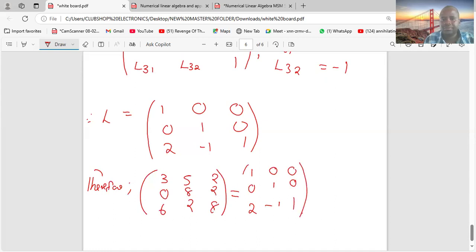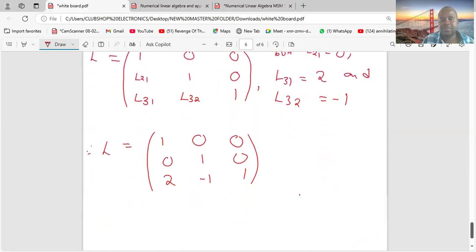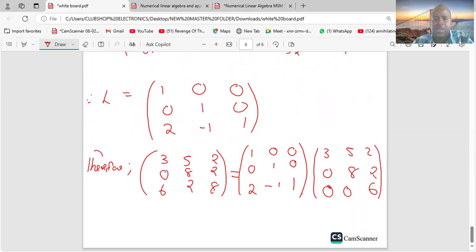Okay. Then what is our upper triangular matrix? Our upper triangular matrix is 3, 5, 2. We also got 0, 8, 2. Then 0, 0, 6. This is our LU factorization or LU decomposition.